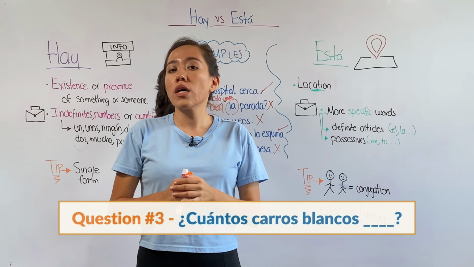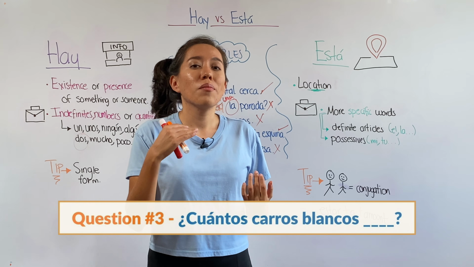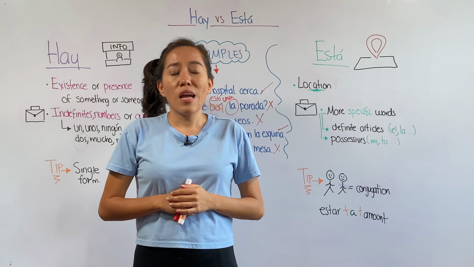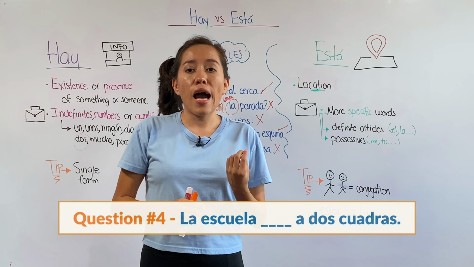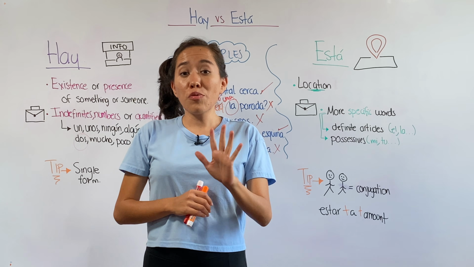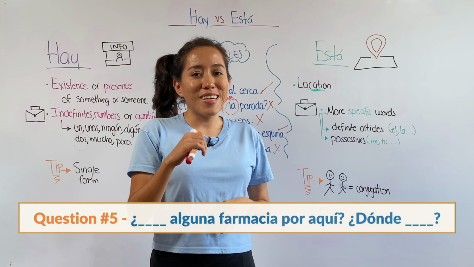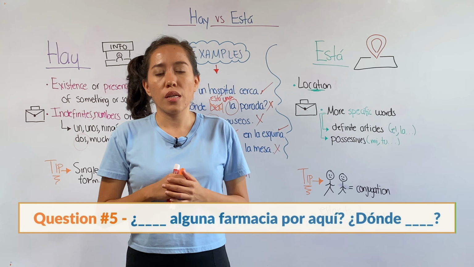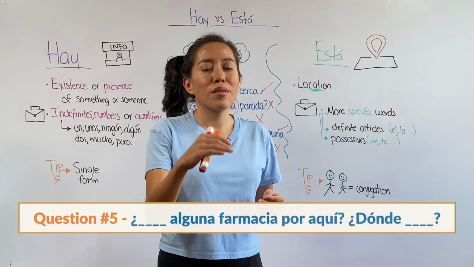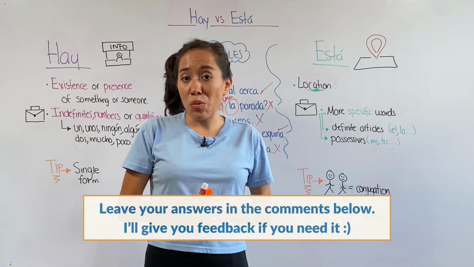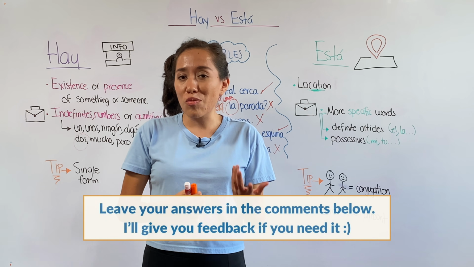Number 3. ¿Cuántos carros blancos, blank? Number 4. La escuela, blank, a 2 cuadras. Number 5. There are 2 blank spaces for this one. Blank. ¿Alguna farmacia por aquí? ¿Dónde? Blank. Leave your answers in the comments and I'm going to give you feedback if you need it.